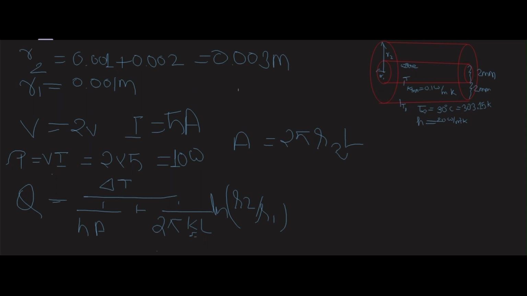The thermal conductivity of the insulation material is given, and the heat transfer coefficient of air is also given. The ambient temperature of the air is already given as 303, basically converted from degree Celsius to Kelvin.